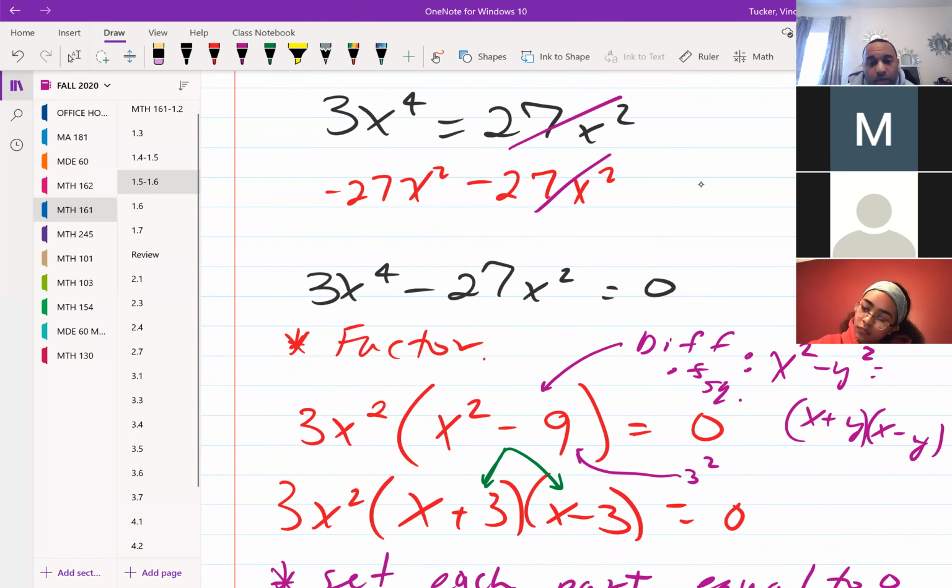That will leave you x squared minus 9 in the parentheses. Then x squared minus 9 is the difference of squares, which is what I was emphasizing over here. Whenever you have x squared minus y squared, you can break it down to x plus y, x minus y. So x squared minus 3 squared breaks up into x plus 3, x minus 3.